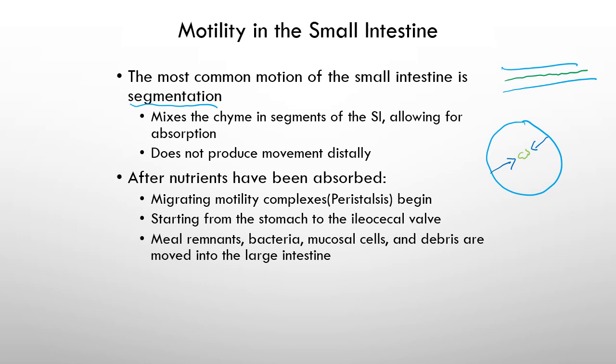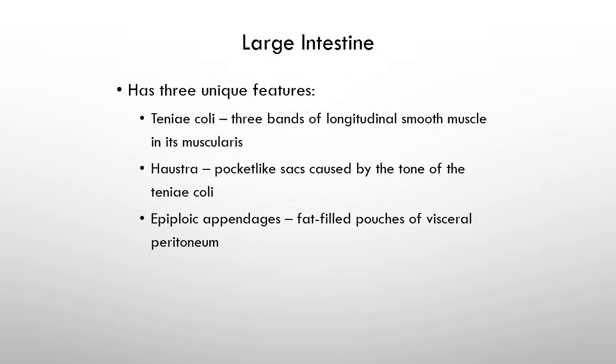This is going to continue to move along into the large intestines from this point, including any kinds of debris from our own digestive tract, things like bacteria that may have been starting to grow. All of that continues to move along. And it eventually enters into the large intestines. The large intestines is the last little loop that we have after absorption of essentially all of our nutrients has occurred.